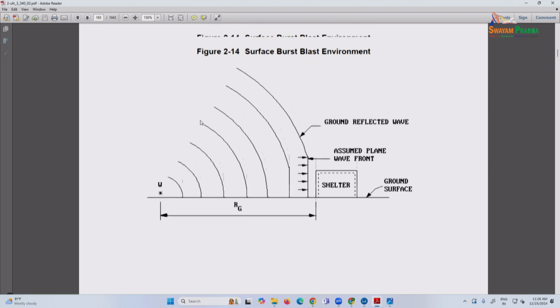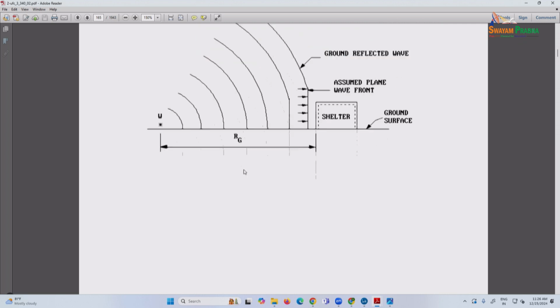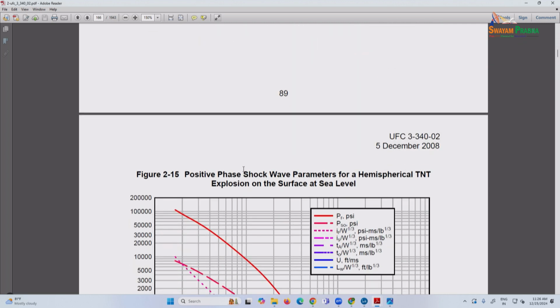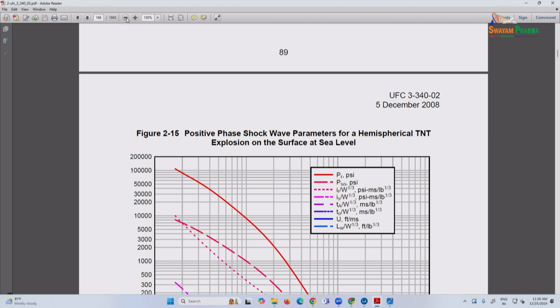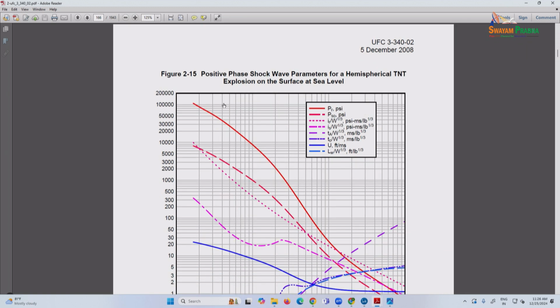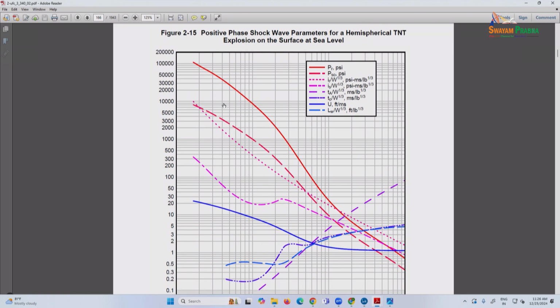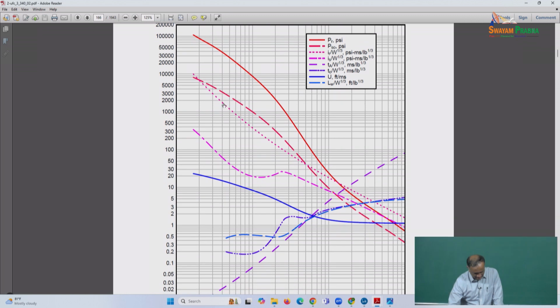And so from here on, the curve that is utilized for all your designs and my example today is figure 2-15. And I think your afternoon example also is going to be based on that. So once again, notice this is PR, then PS. So it's an order here, I think.